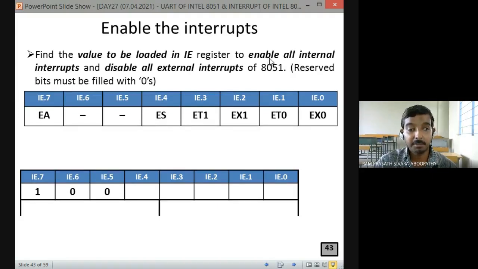Which of these are asked to be enabled? Enable all internal interrupts. What are the internal interrupts? Serial interrupt, timer 1 interrupt, and timer 0 interrupt. So only those bits are set to 1. What about the condition of EX1 and EX0? Yes, very good Shivakumar. I think Shivakumar found the answer. So 9A is the answer.